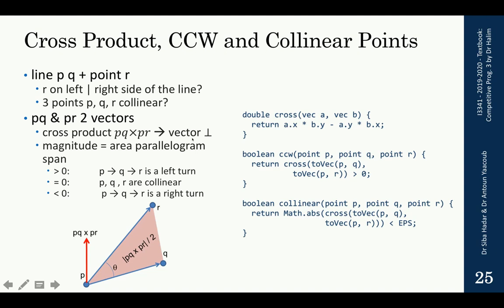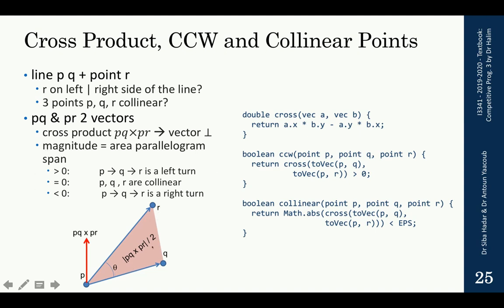This is not a scalar value like the dot product. This vector is orthogonal to the plane formed by PQ and PR, and its magnitude is equal to the area of the parallelogram spanned. If the magnitude of this vector is positive, then we can say that P, Q, and R is a left turn.